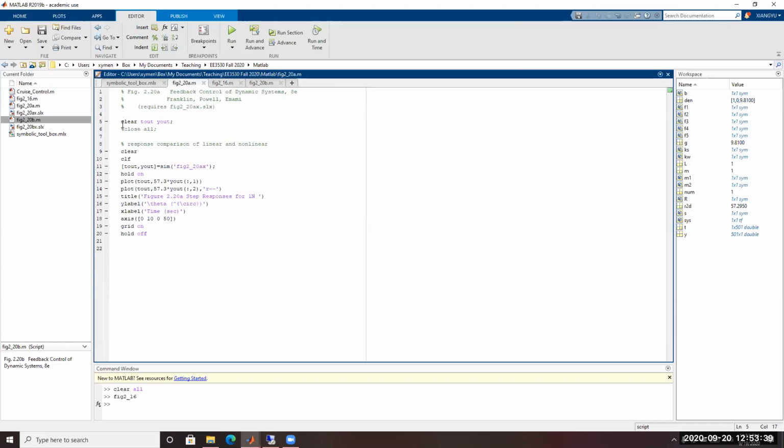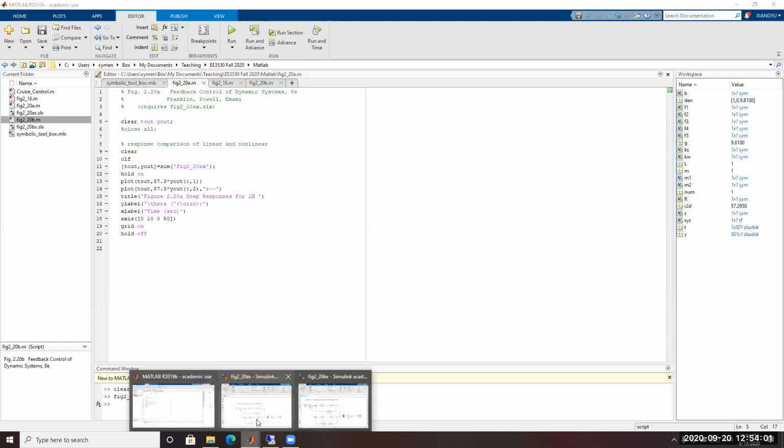Here is another MATLAB code to show you how to build the simulation model using Simulink. Here it is to clear some variables, then clear figures. Here sim means Simulink. The Simulink name is figure 220AX. This is this one.